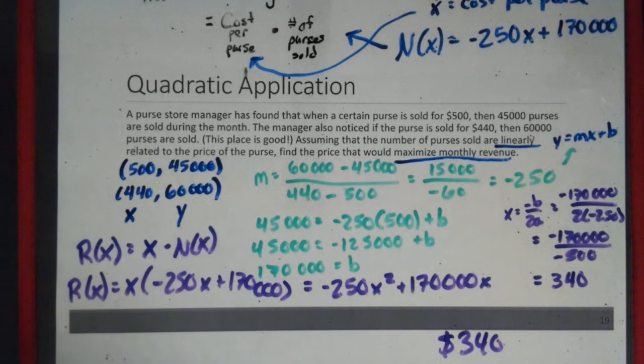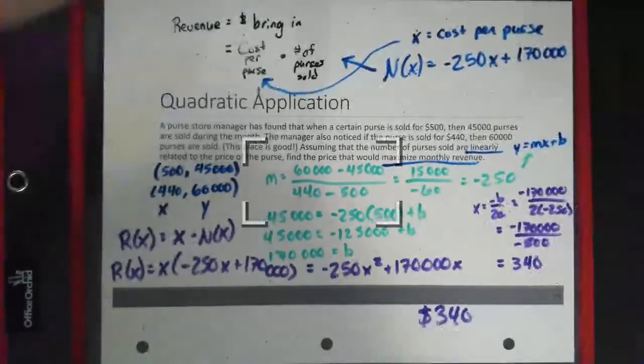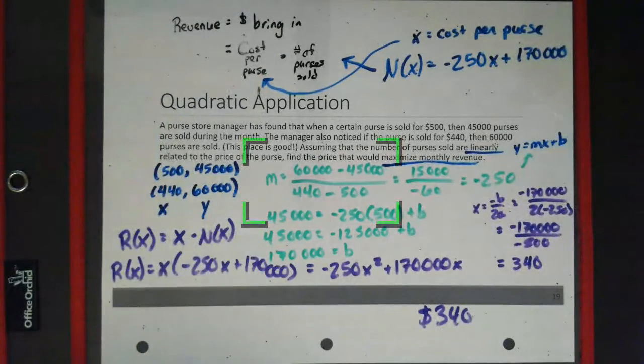Now I know there was a lot going on here, so I kind of want to recap what just happened. Our goal was to find the price of a purse that would maximize our revenue. We have to remember what revenue means. Revenue is the amount of money that we're bringing in. So if we know the cost per purse, we can multiply that by the number of purses that we sell, and that will tell us how much money we're bringing in.